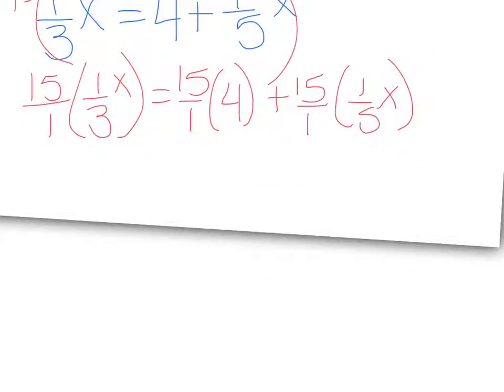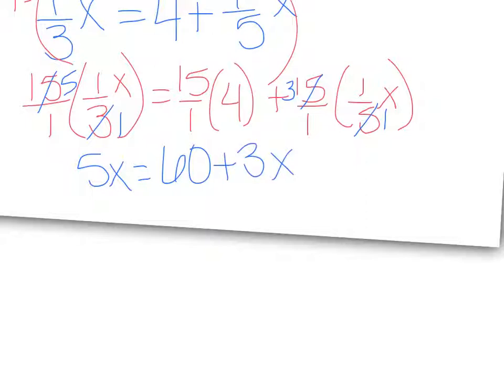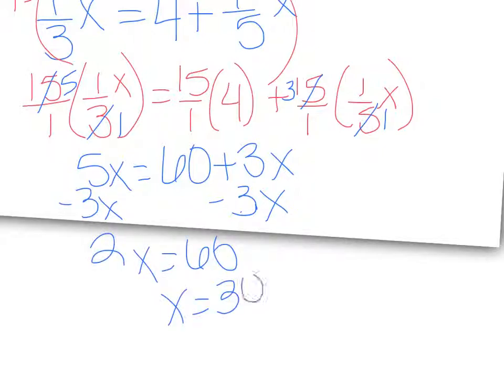I can divide out of 3, so I get 5x equals 15 times 4 gives me 60. I can divide out of 5, and you can divide out of 5. So we get a plus 3x. When you solve this, subtract 3x from both sides. You get 2x equals 60, so x equals 30.